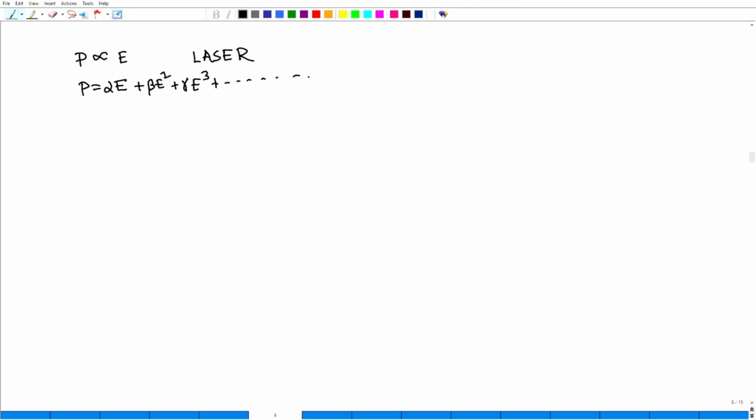When P is proportional to alpha E, we call it linear, but when P is not proportional to E, we call it non-linear. So, some molecules are there whose polarizability varies non-linearly in the presence of laser light. So, this I will take up from next day onwards. Thank you.